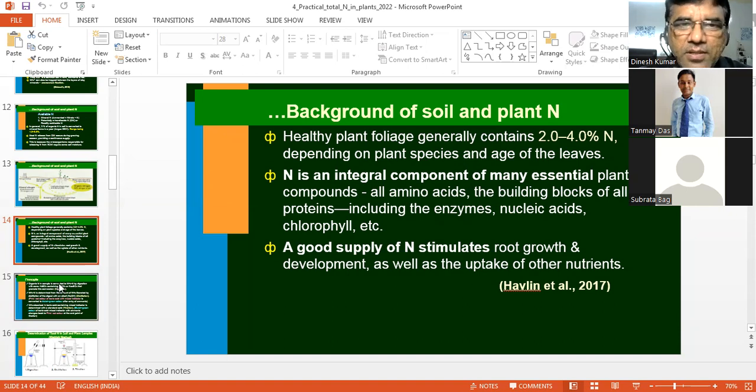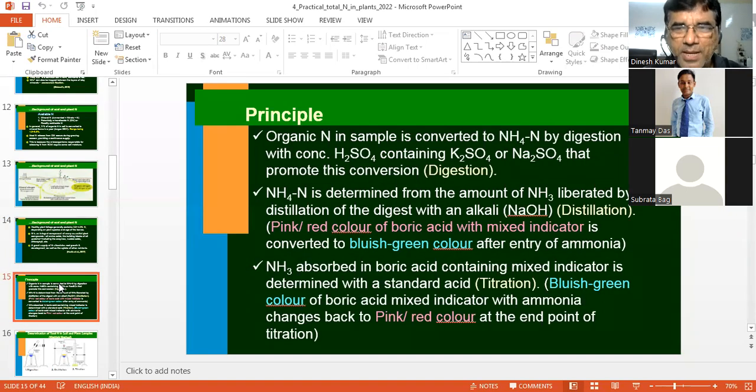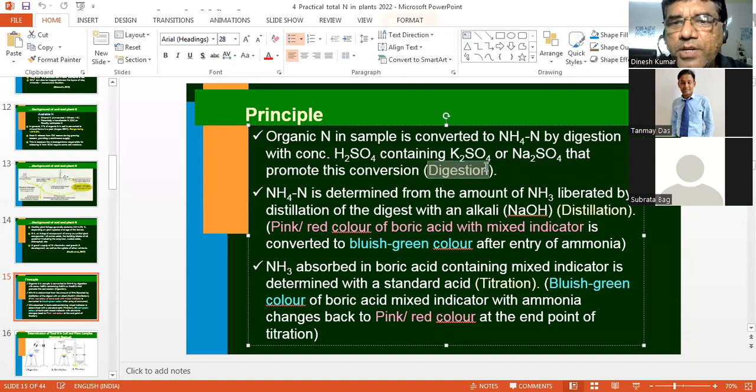Good. So now we know the method is the Kjeldahl method, K-J-E-L-D-A-H-L. This Kjeldahl method has three different steps. First is digestion, where you remove carbon, hydrogen, oxygen by wet digestion, W-E-T, so that nitrogen comes in the mineral, that is ammoniacal, form.